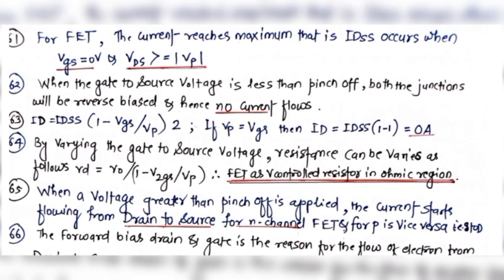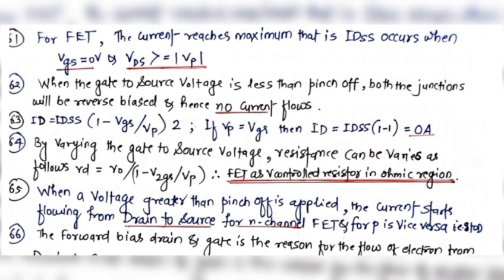For a FET, the current reaches its maximum, that is IDSS, when VGS, the gate-source voltage, is 0 volts and the drain-source voltage is greater than or equal to Vp.